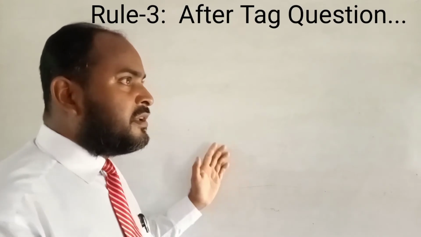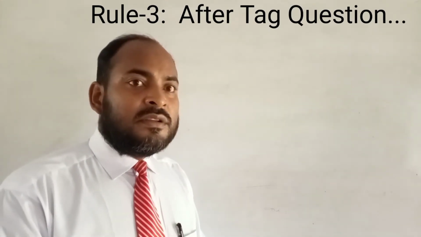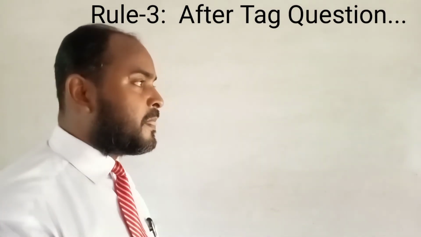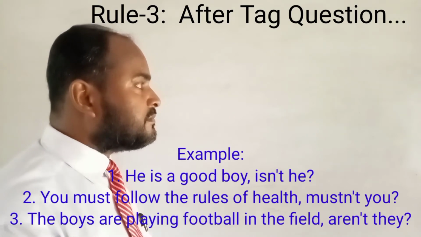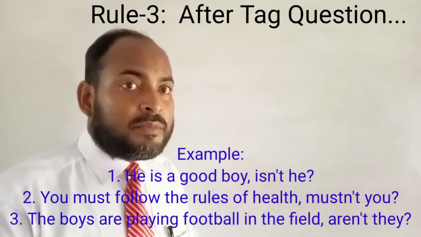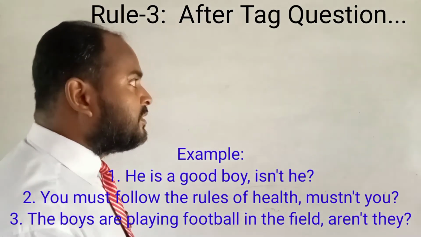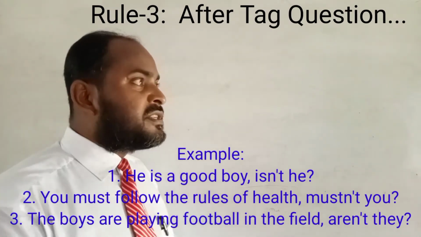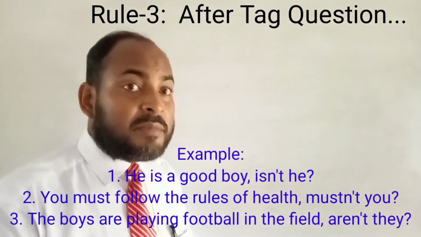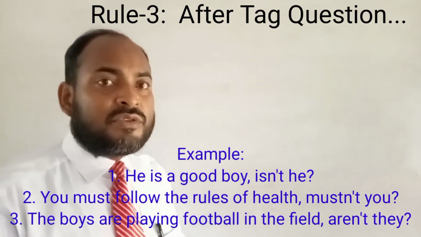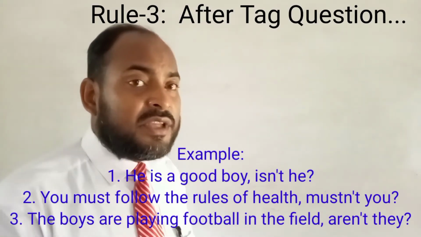Rule number 3. At the end of a tag question or after a tag question. Example: he is a good boy, isn't he? You must follow the rules of health, mustn't you? The boys are playing football in the field, aren't they?